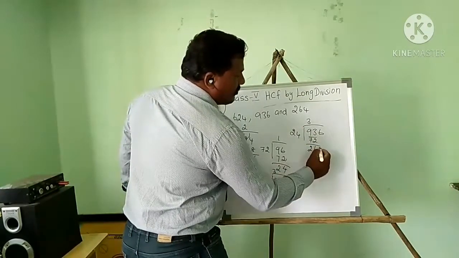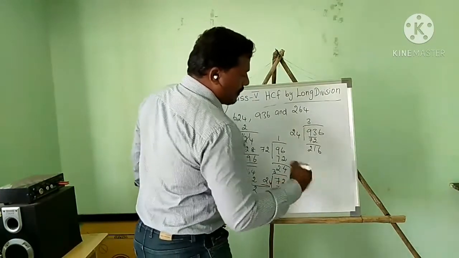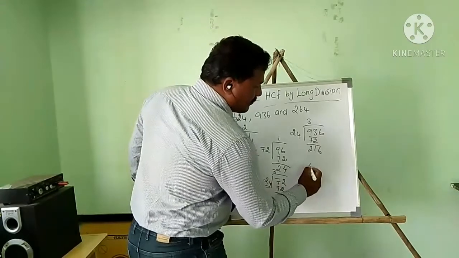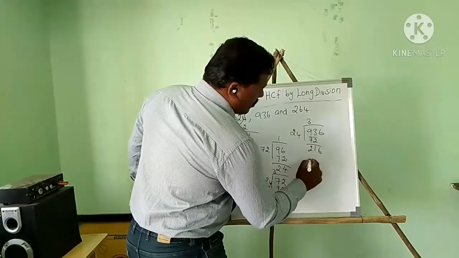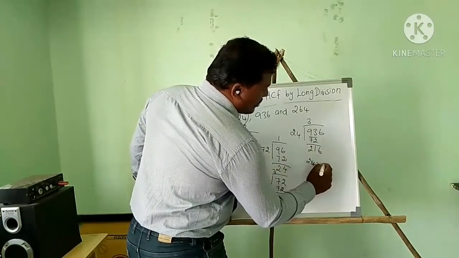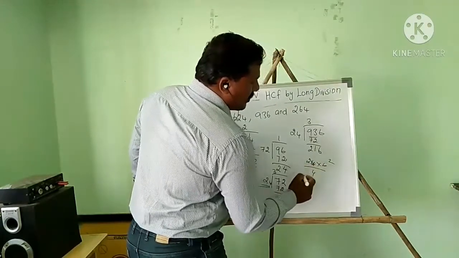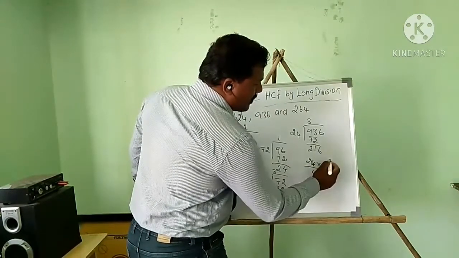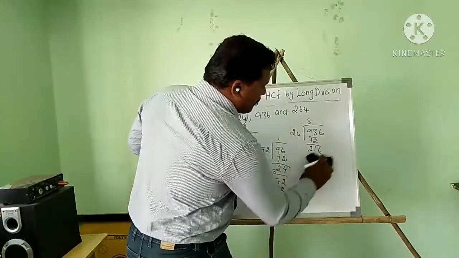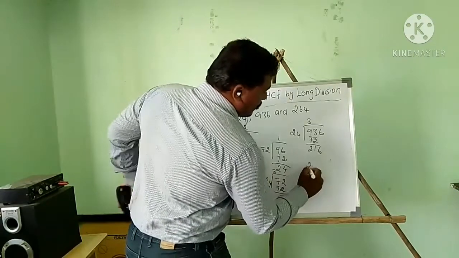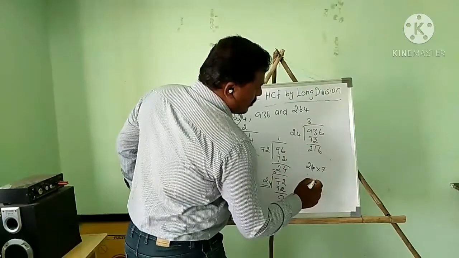3 24s are 72. I will subtract, remainder 21. So I will bring down 6. Now how many times? Approximately I will check. 24 into 6. 6 4s are 24, remainder 2. 6 2s are 12 plus 2, 14. So 6 times is not right.